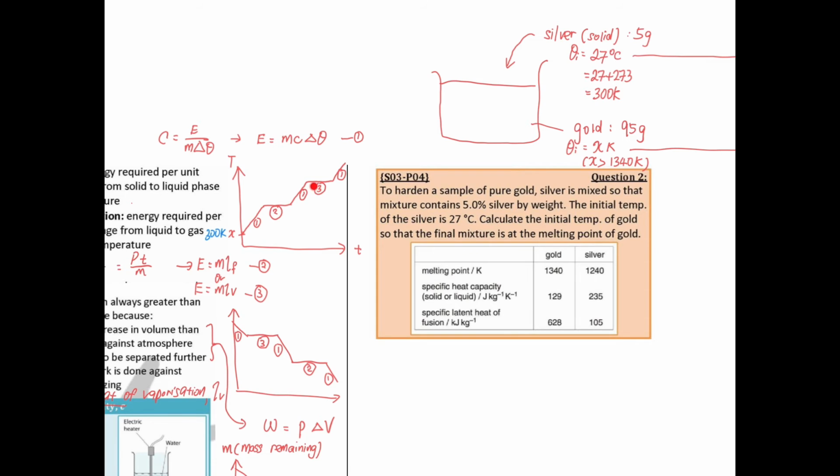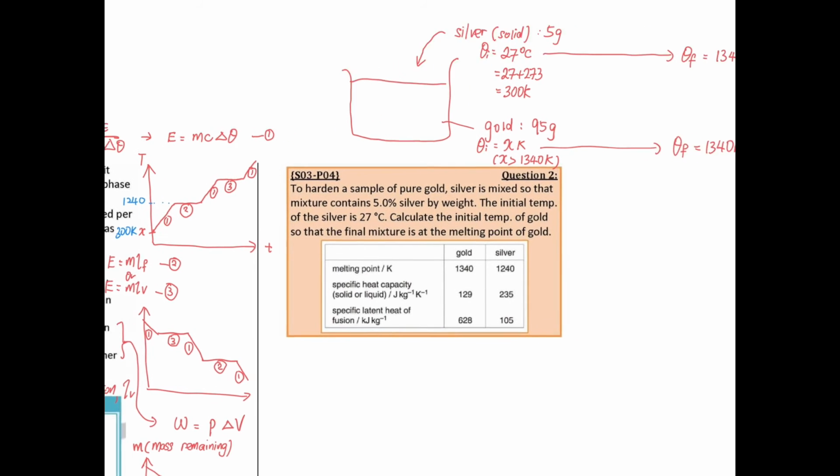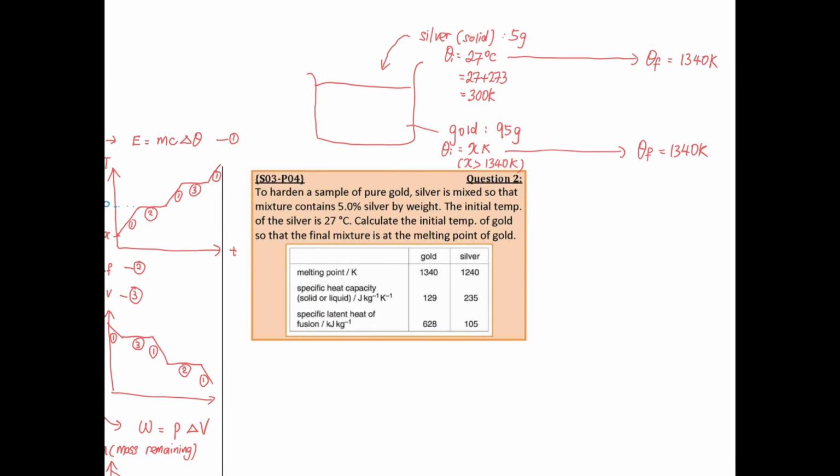Where should we stop? So you see the information: melting point of silver is 1240. So that means the solid will heat up until the melting point at 1240. Then it continues to heat up until the final temperature, which is 1340.